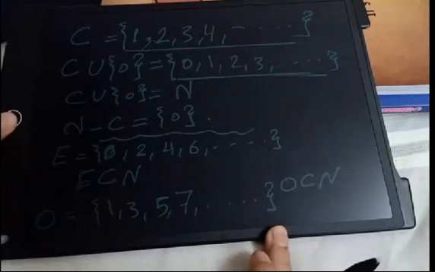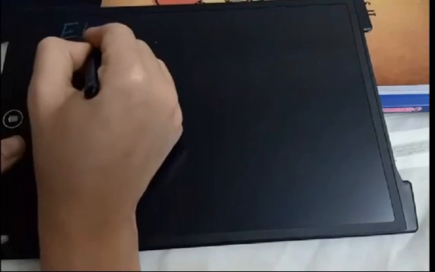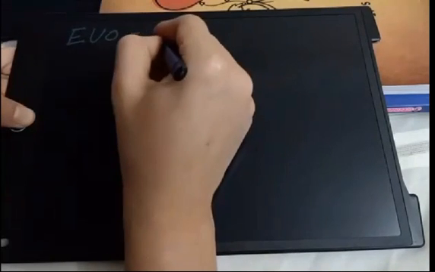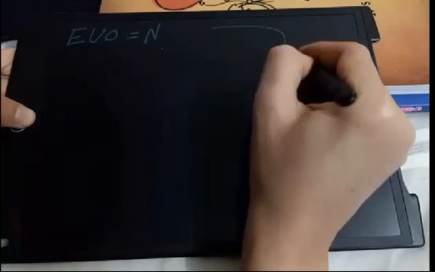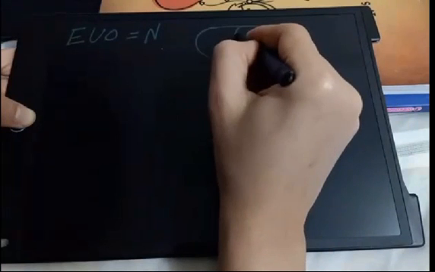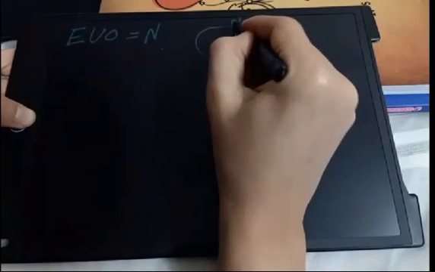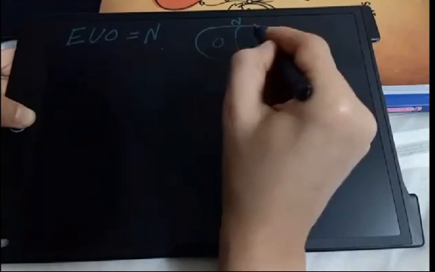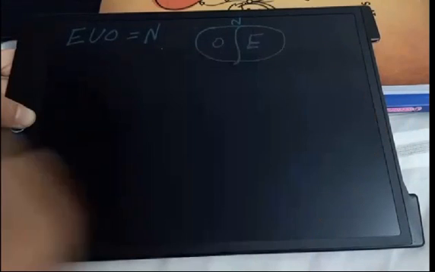So if I set you E union O equals what? N. Yes, it's the natural numbers, and I can represent it with a Venn diagram like this, because the natural numbers consist of the odd numbers and the even numbers.